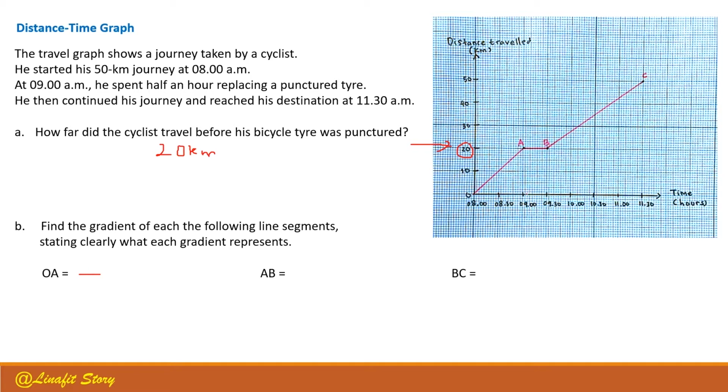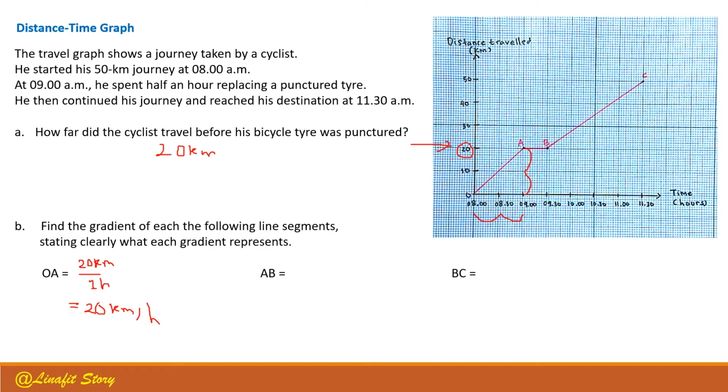OA: how far up? 10 km, 20 km. How far along? From 8 o'clock to 9 o'clock, 1 hour. So the answer is 20 km per hour. This means that the average speed of the cyclist from O to A was 20 km per hour.